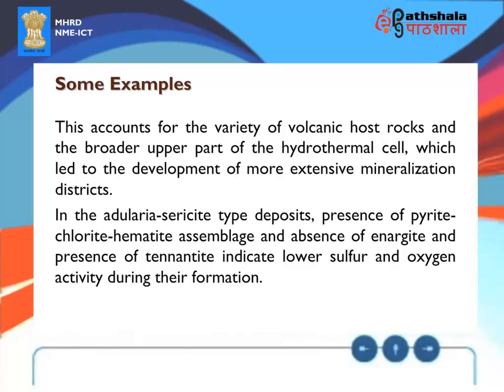This accounts for the variety of volcanic host rocks and the broader upper part of the hydrothermal cell, which led to the development of more extensive mineralization districts. In the adularia sericite type deposits, presence of pyrite, chlorite, hematite assemblage and absence of enargite and presence of tennantite indicate lower sulfur and oxygen activity during their formation.